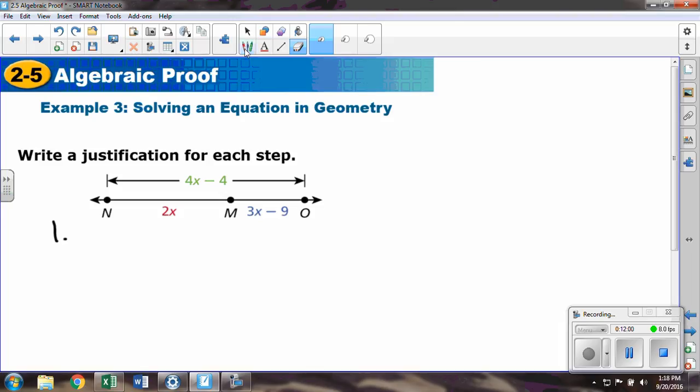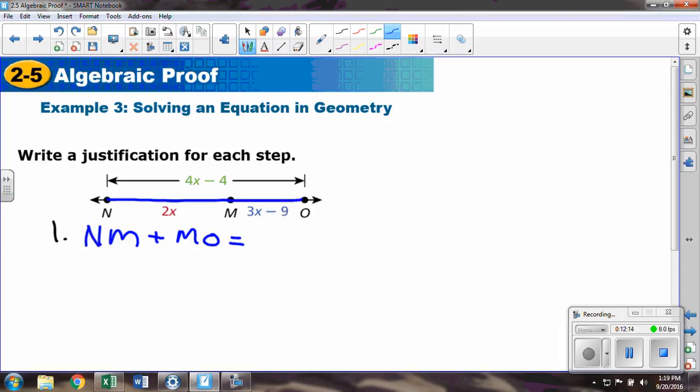Taking that approach, we can represent this with the first piece, the distance from N to M, added to the distance from M to O, and that combined distance is from N to O.